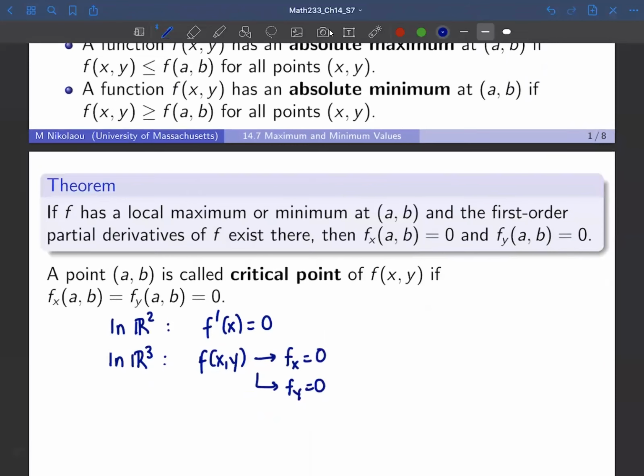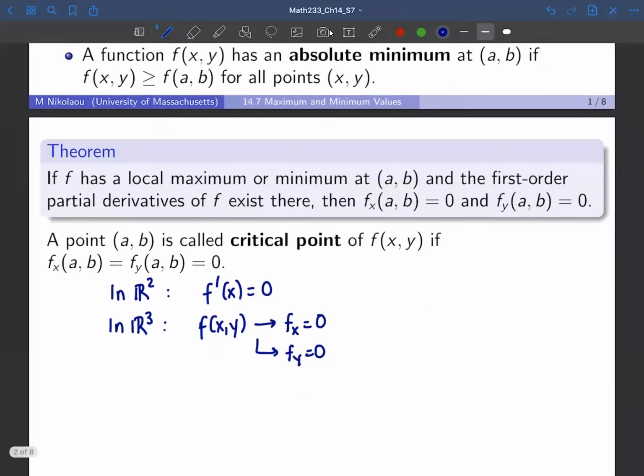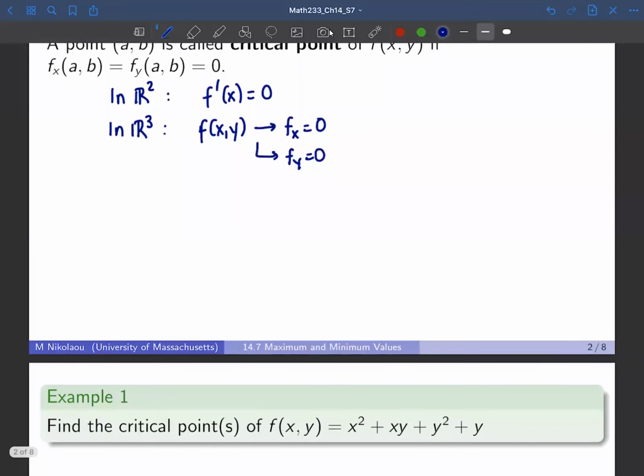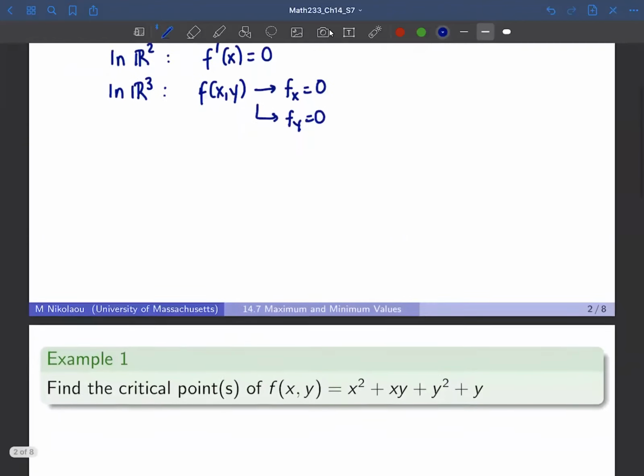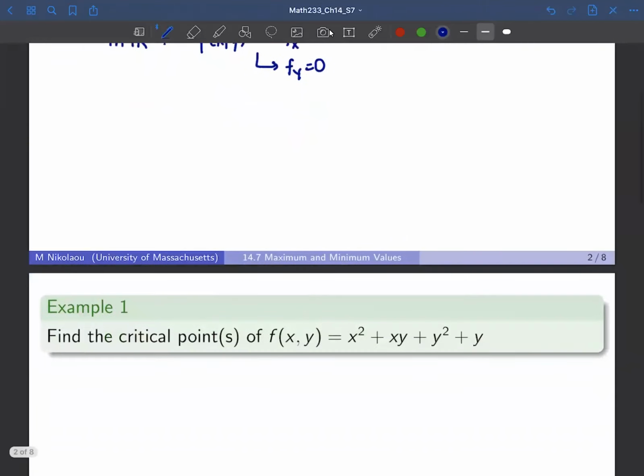So let's apply that theorem to find the critical points of the function f of x comma y equal to x squared plus x times y plus y squared plus y. The first thing, according to the theorem, is that we need to find fx.